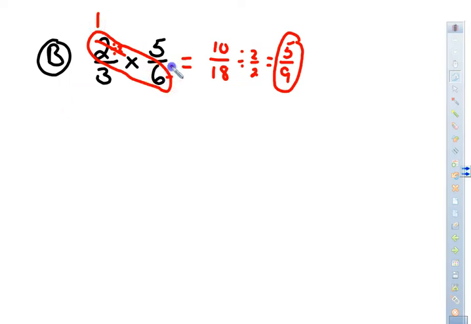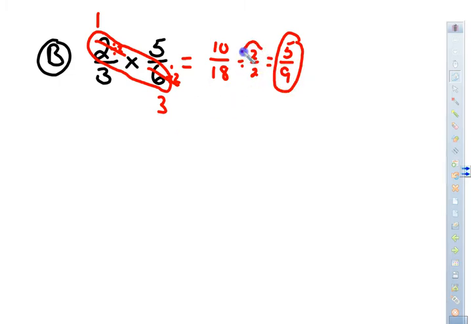And if we take our 6 and divide by 2, we can cross it out, and it becomes a 3. Okay, that is what we call cross-reducing. And then we take these new numbers, and they are replacing these numbers that we crossed out, and 1 times 5 is 5, and 3 times 3 is 9.